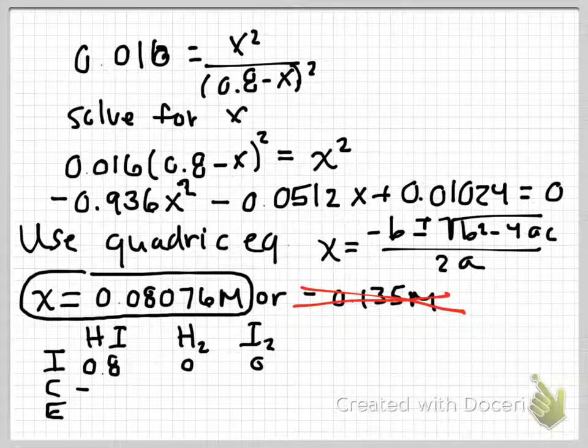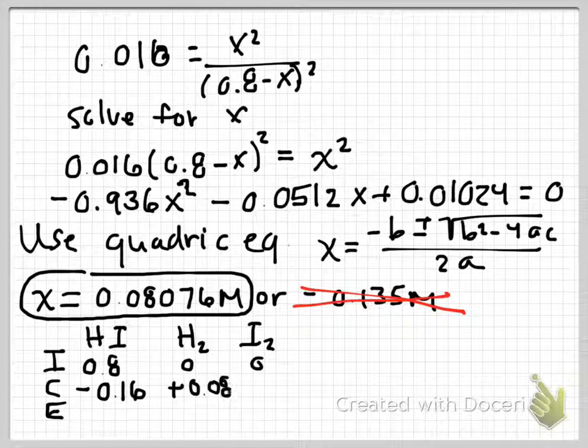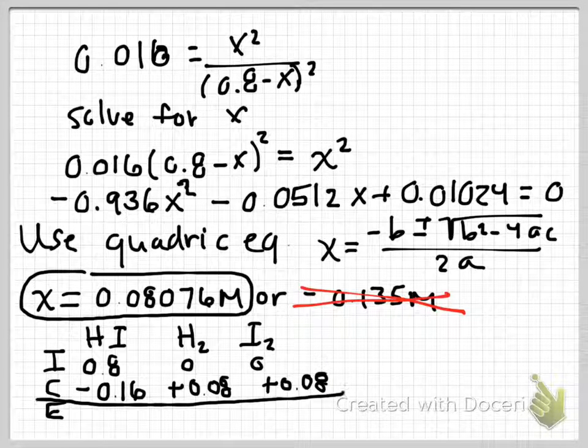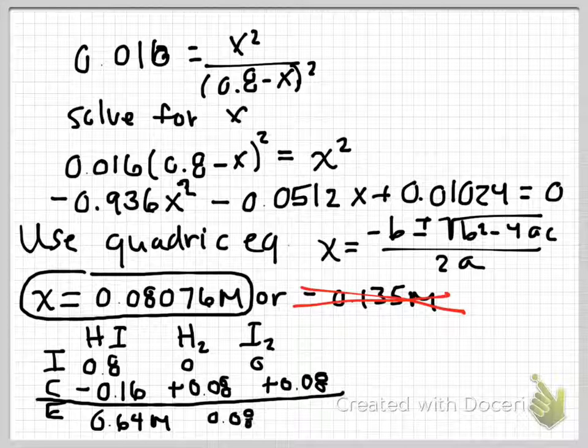So it's going to change minus 0.16. And this is going to change positive 0.08, positive 0.08. And so our equilibrium is going to be 0.64 molar HI, 0.08 molar H2, 0.08 molar I2.